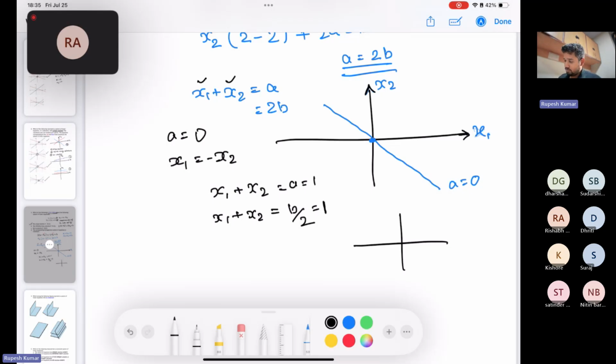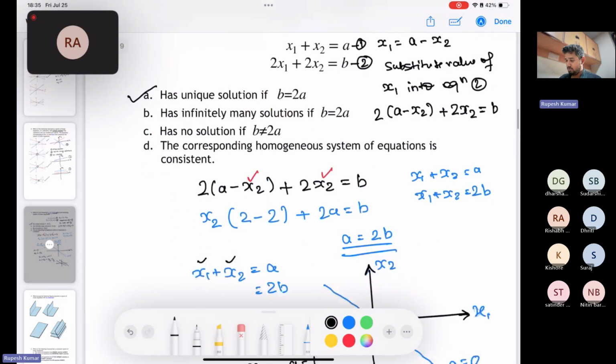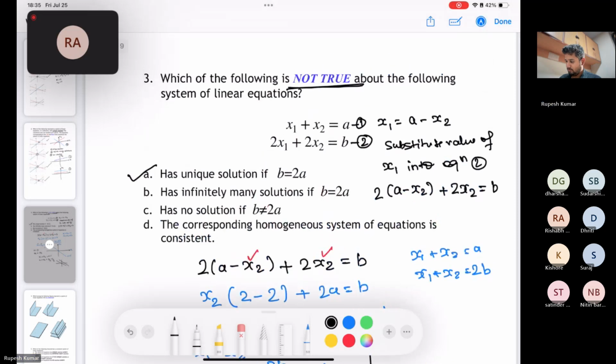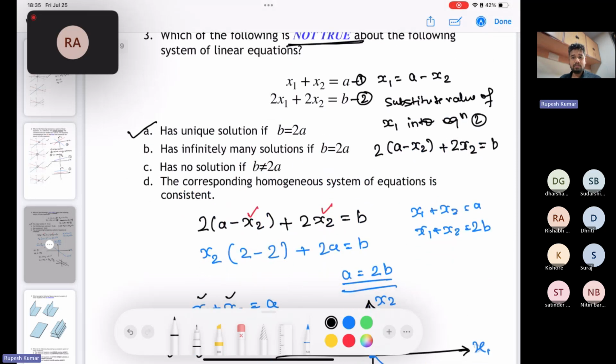So if you choose a equals 1 and b equals 1, then this will be half, right? So you will get these two separate lines. So there is no unique solution. So there is no solution, right? So option C has to be correct.